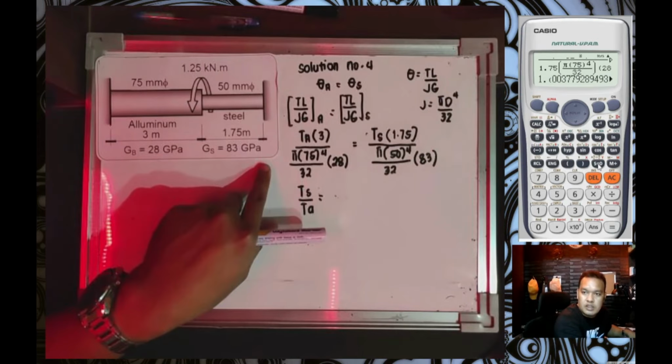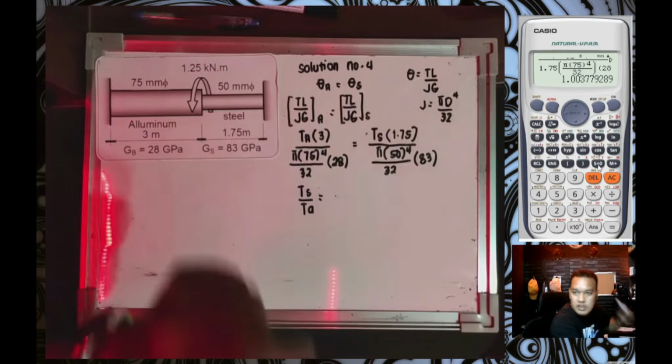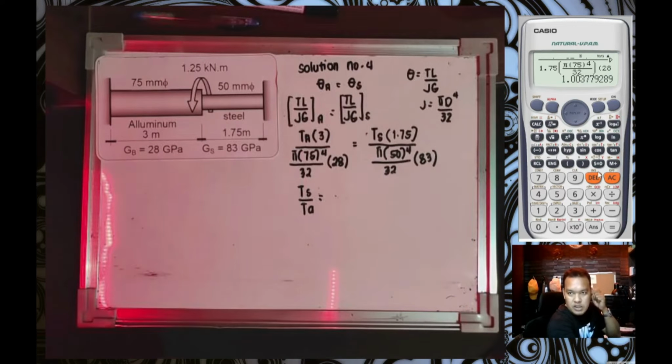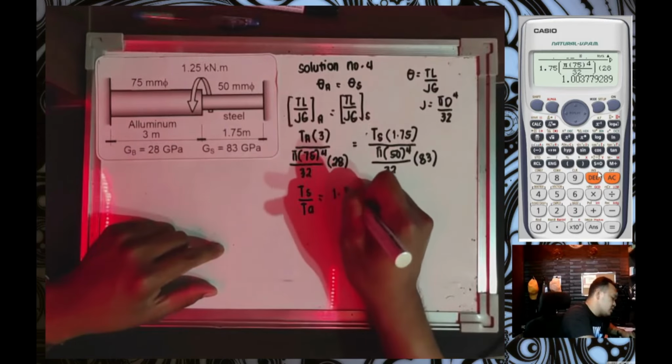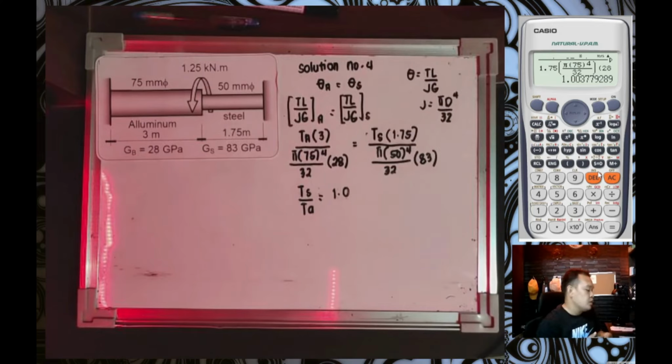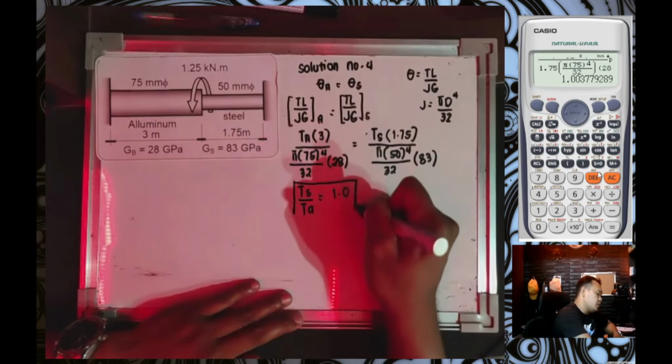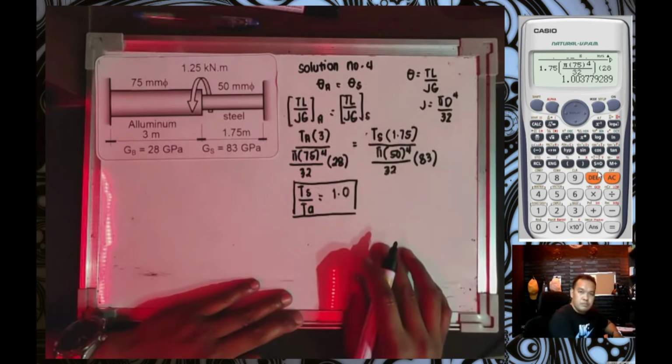Equals. So meron tayong 1.003779289. So let's say that it is 1.0 na, no? So TS over TA is equivalent kay 1.0. So this will be the answer for number 1 question.